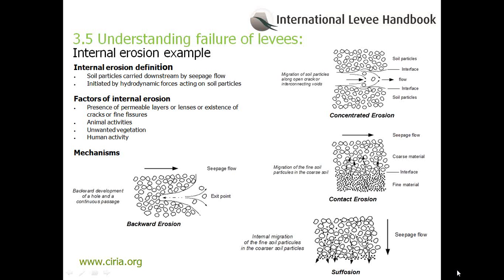The definition is followed by a list of factors contributing to the failure, whether they are initiating, continuing, or aggravating factors for seepage. They're related to the presence of permeable layers or lenses or the existence of cracks or fine fissures within the fill, animal activities with the uncontrolled development of burrows or vegetation with the uncontrolled development of roots, and human activity with pipes or other penetrating structures through the levee.